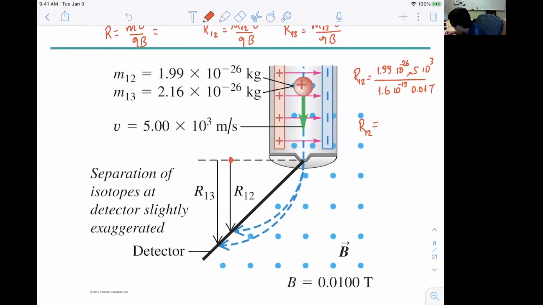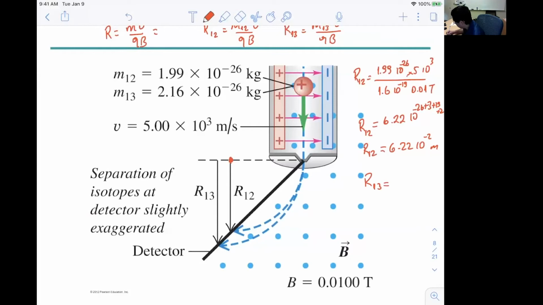It's going to be 6.22, and you have 10 to the minus 26 plus 3 plus 19 and plus 2, so 10 to the minus 2 meters.